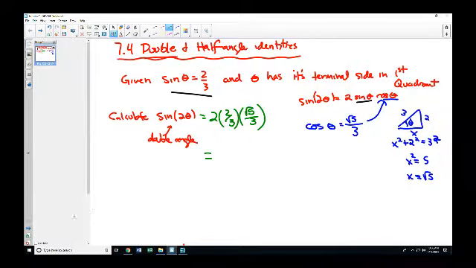So sine of 2 theta is? It's 4 root 5 over 9. 2 times 2 is 4.